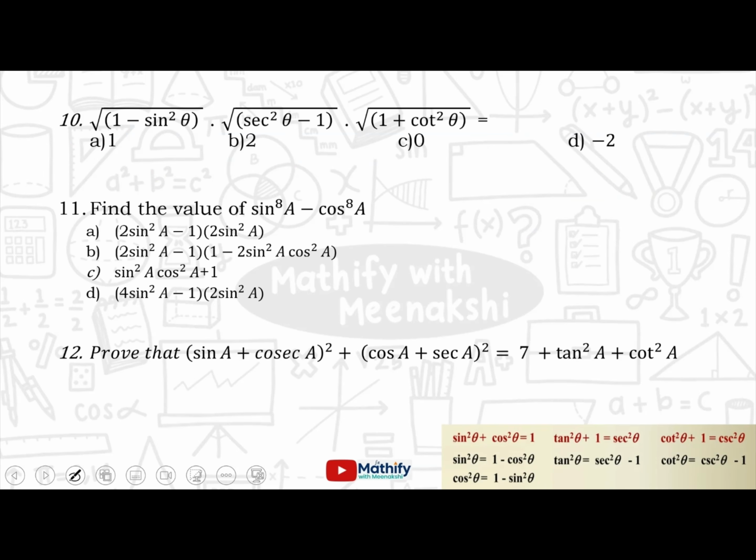In question number 11, it's written sine 8a minus cos 8a. So first we'll make them whole square. We'll write sine 4a square minus cos 4a square. Use the a square minus b square identity. That is, one time you will write plus in between and one time you will write minus in between.